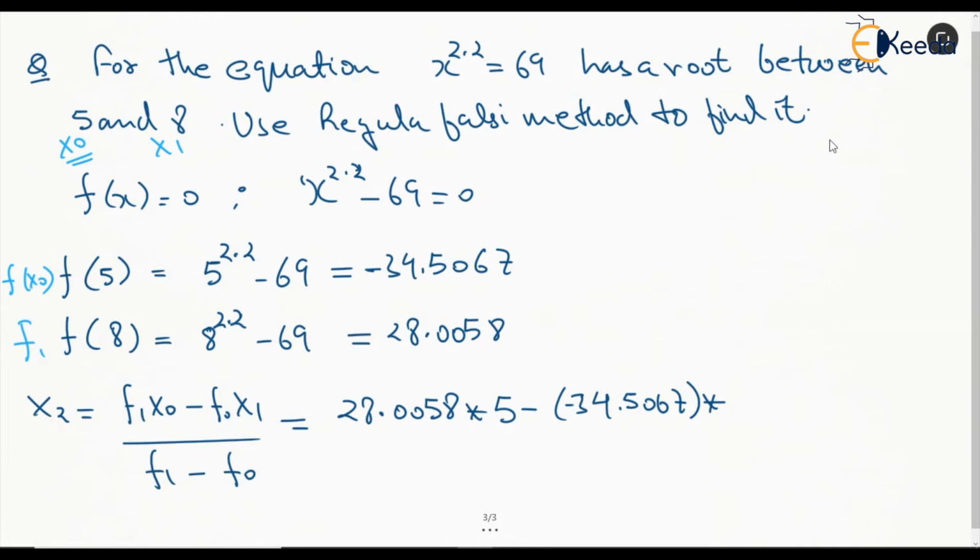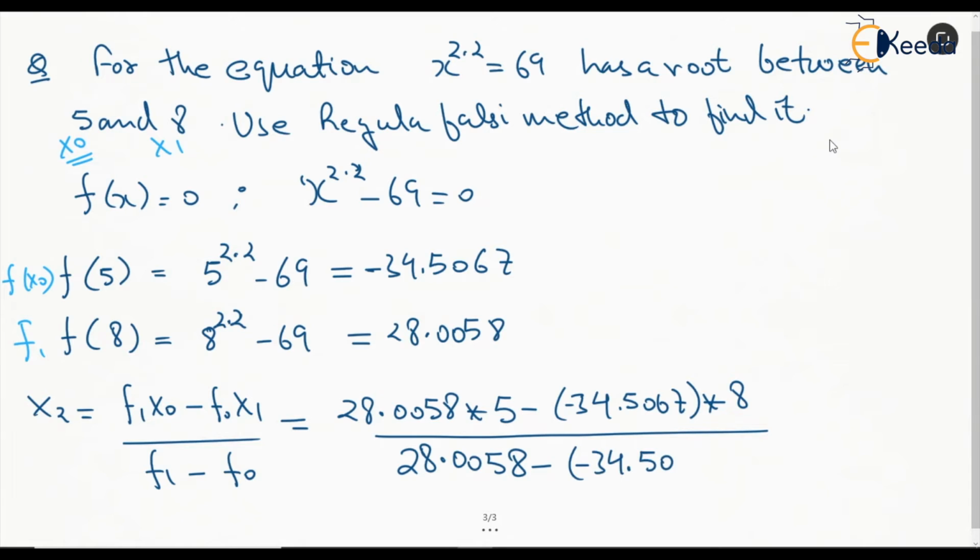So this x1 is 8, divided by f1 minus f0. So this is 28.0058 minus 34.5067. Calculating this, we'll get 6.6559. So this is our first iteration value, x2, right?